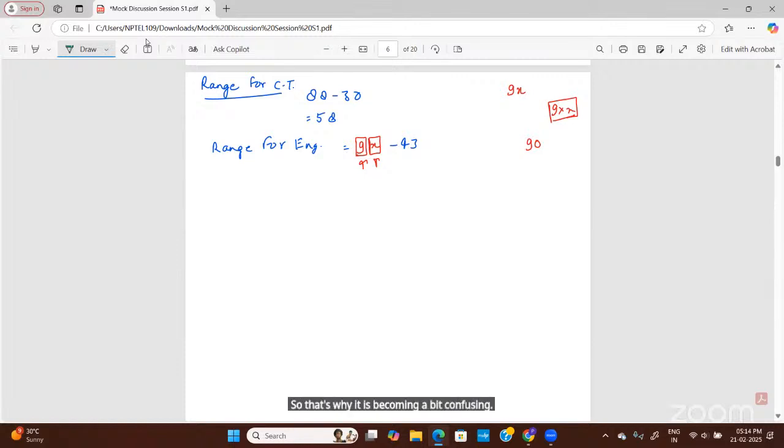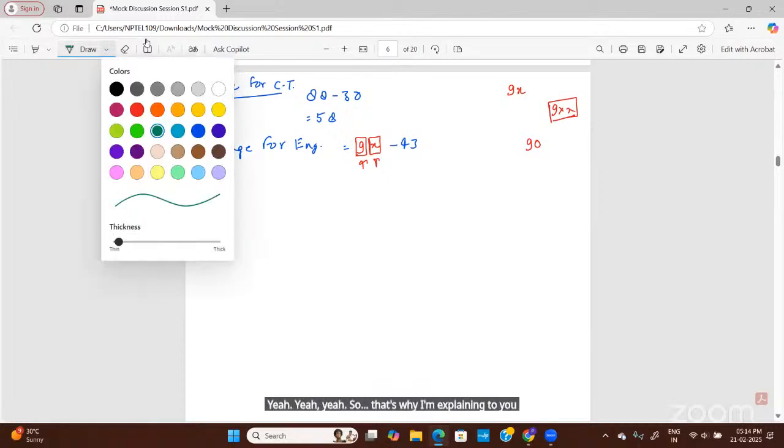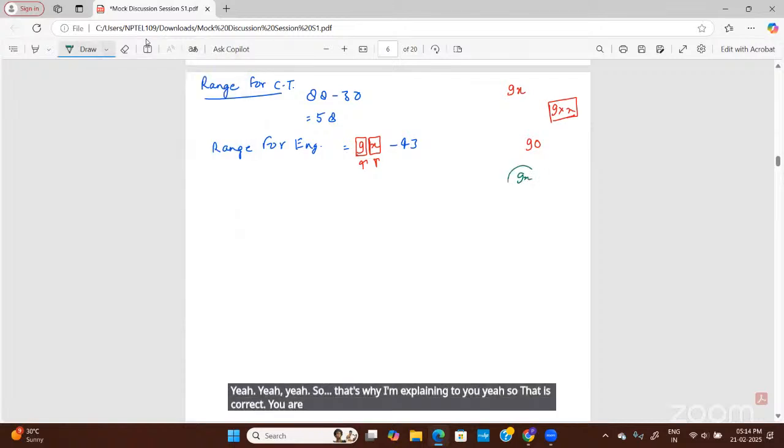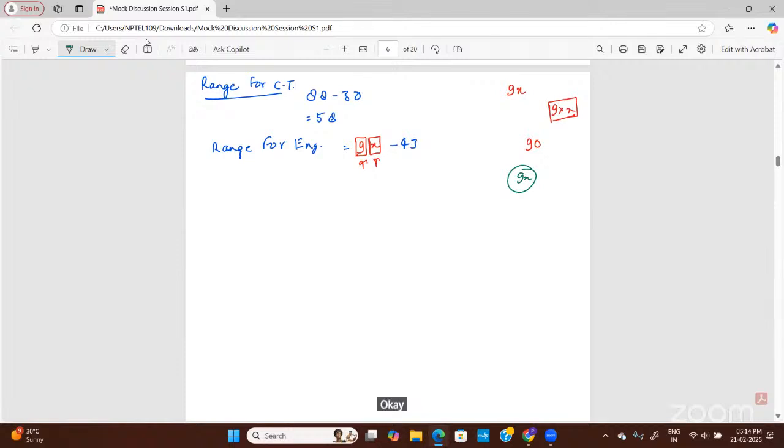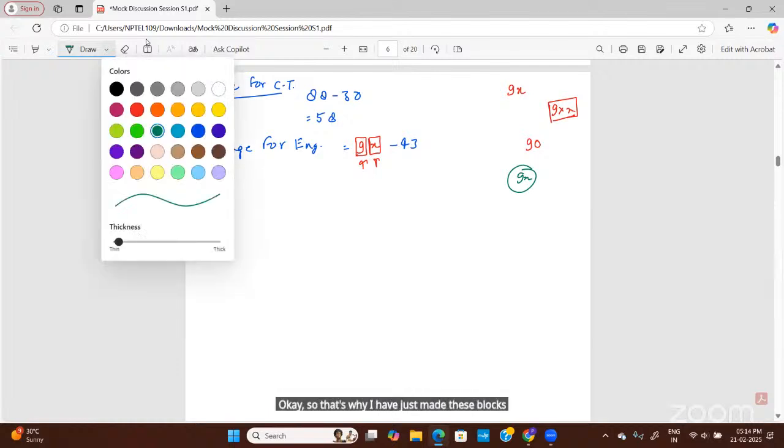Generally it is 9 into x, but for this particular question I'm just writing it this way, so I have made these blocks. You can take 90 plus x.